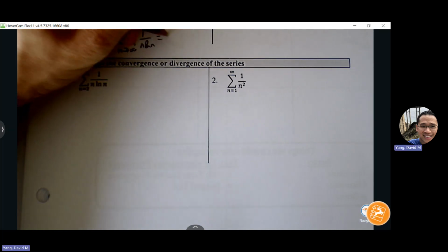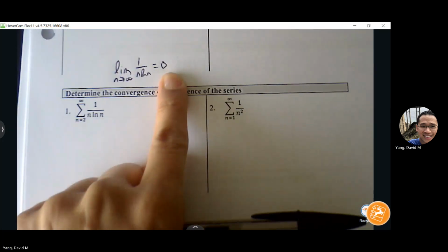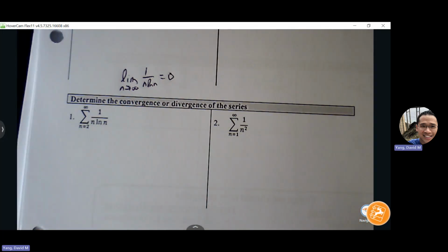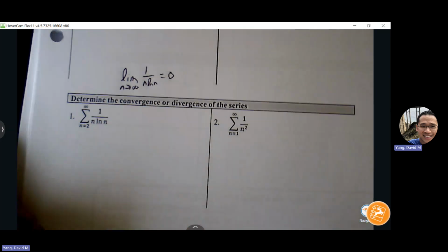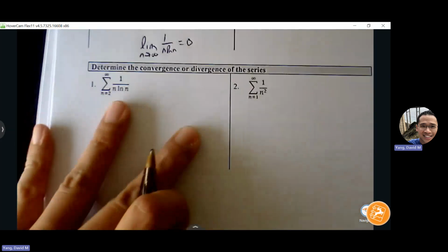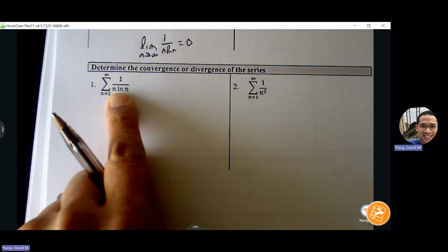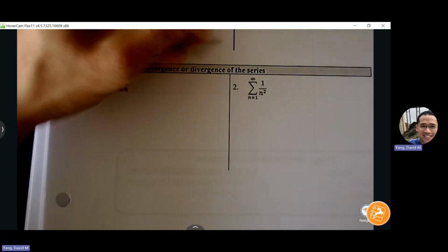So we know that the nth term test would be inconclusive, right? We wish that the nth term test would get us something conclusive, but it doesn't. So now we're looking at a problem that looks like something u-substitution can handle, so it looks like this could be a good fit for the integral test. But there are 3 conditions we have to make sure that we pass.